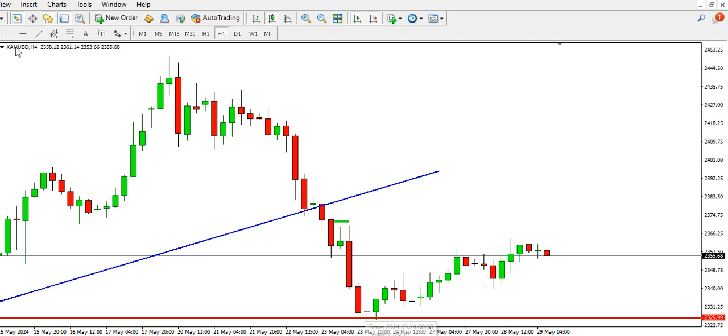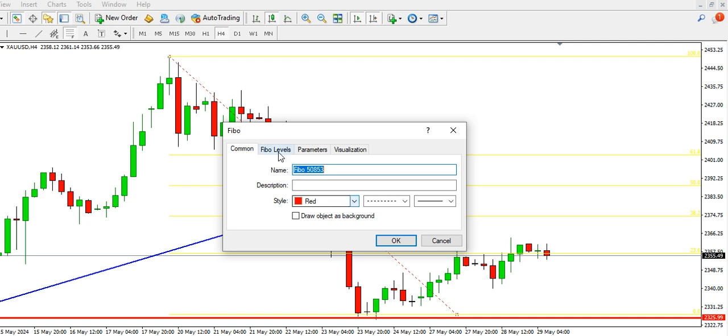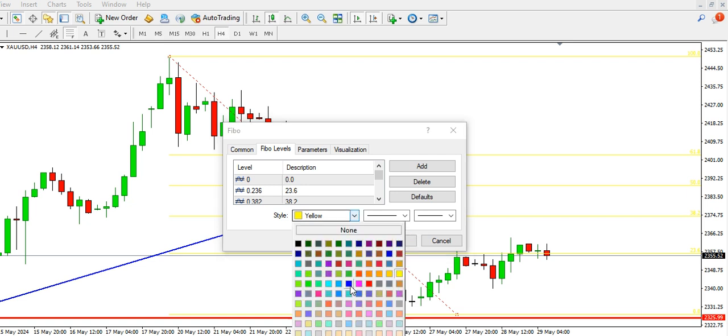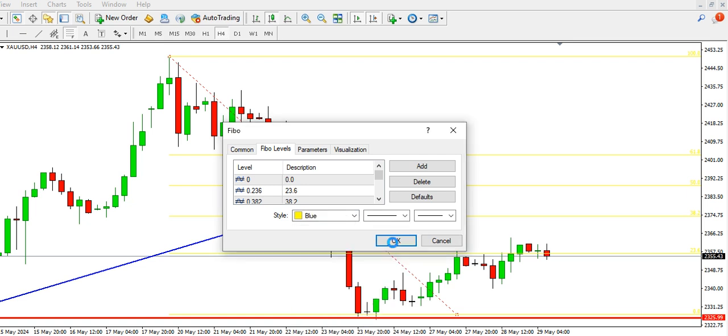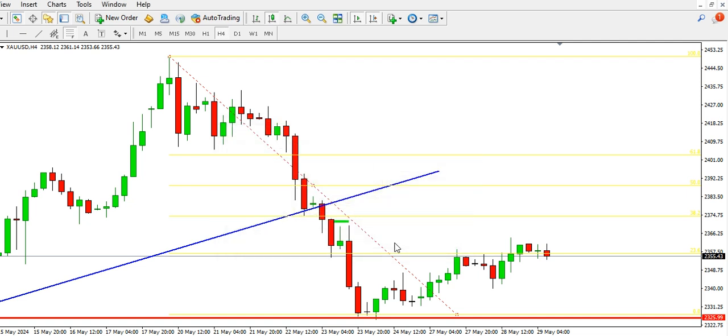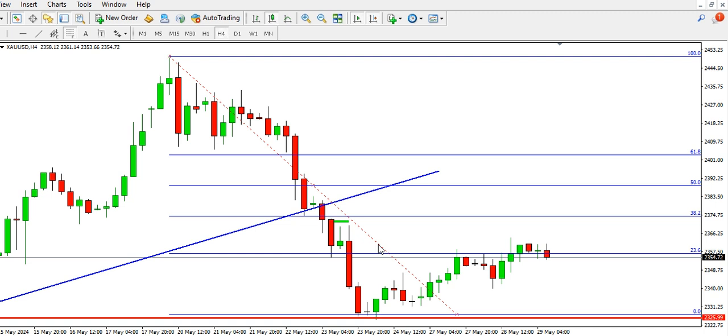Price has retraced up to the 25% Fibonacci level, okay, and that shows that the momentum is still bearish, and this is still likely a bearish flag.